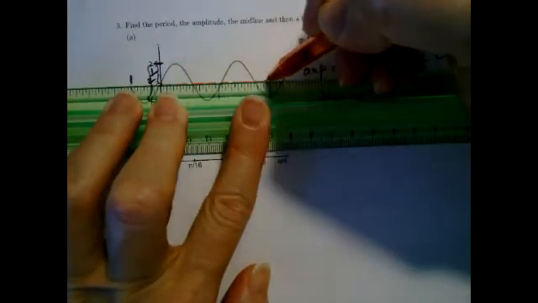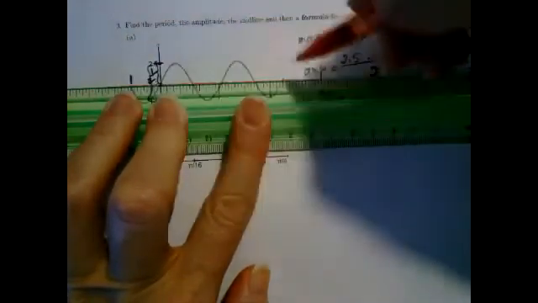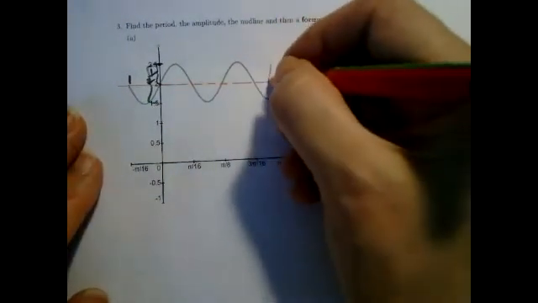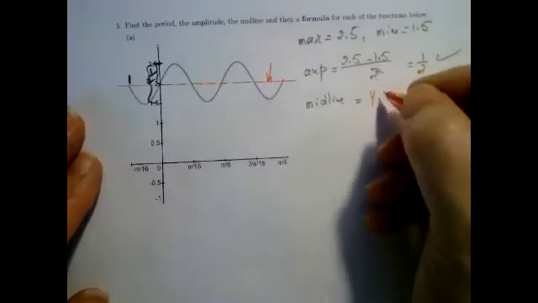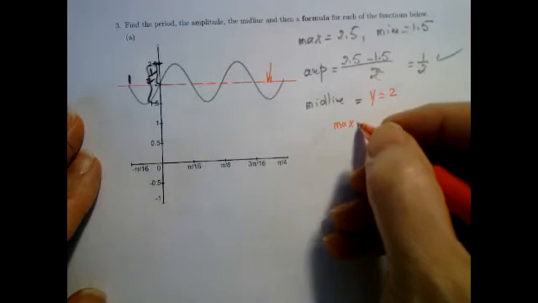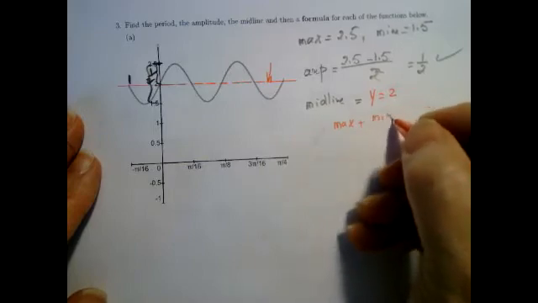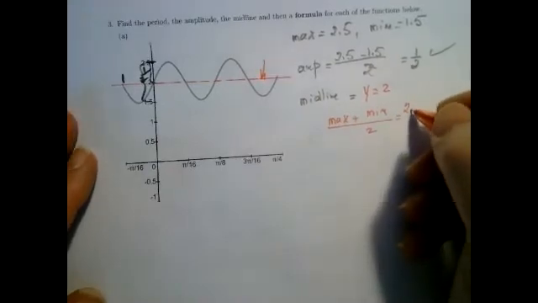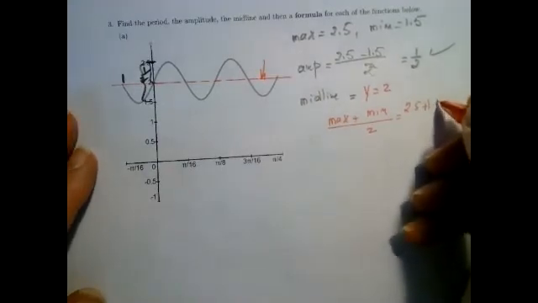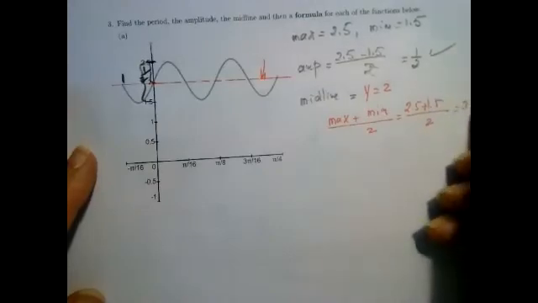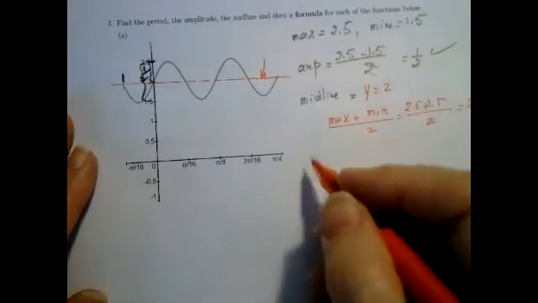It tells me whether it's a sine or a cosine. It really tells me the whole story. So my midline is y equal to 2. If you ever forget the midline, it's the max plus the min divided by 2, which is 2.5 plus 1.5 divided by 2, which is 4 divided by 2, which is 2. So that's the midline. Very good.